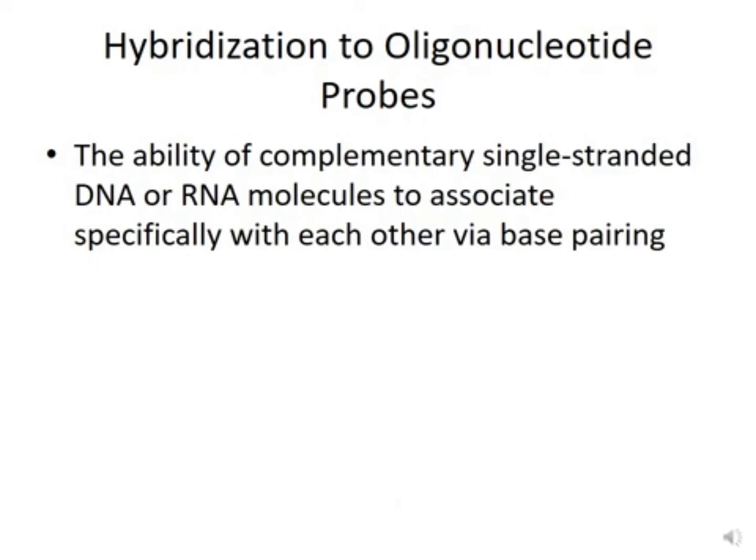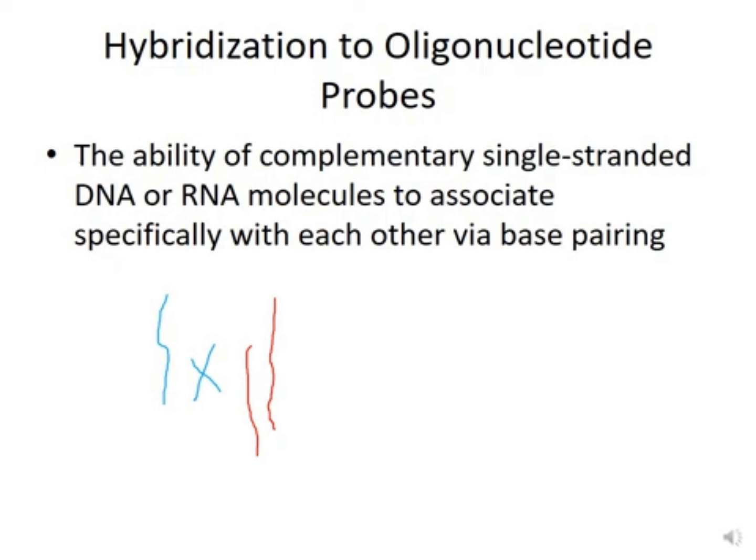If I have a certain sequence that I know, this sequence would only bind to its complementary sequence. If we get a different sequence, it's not going to bind to it. It's not going to base pair to it. So it only binds to a complementary sequence.